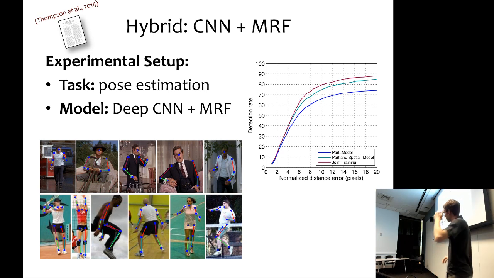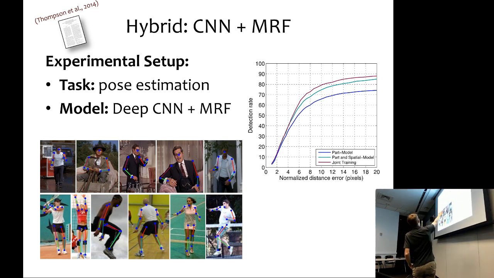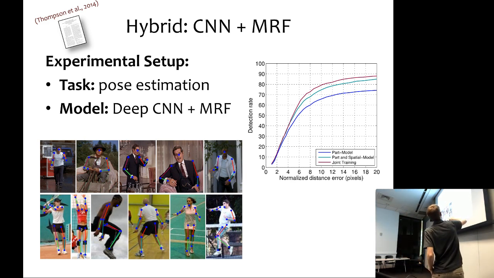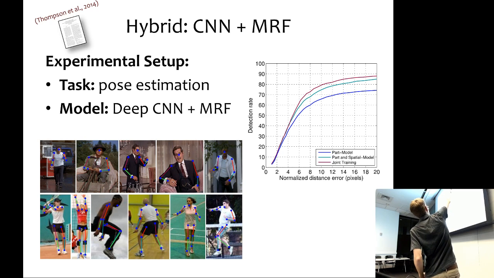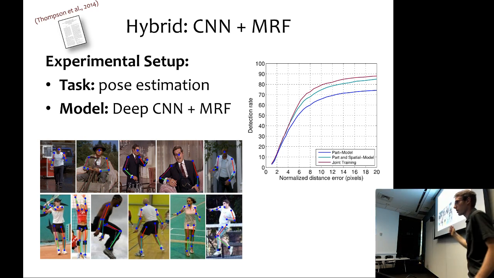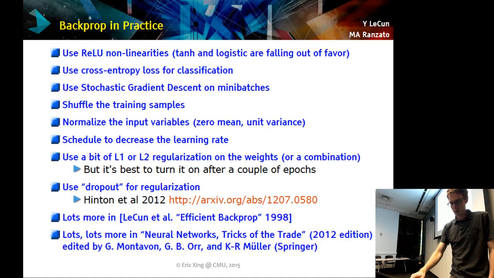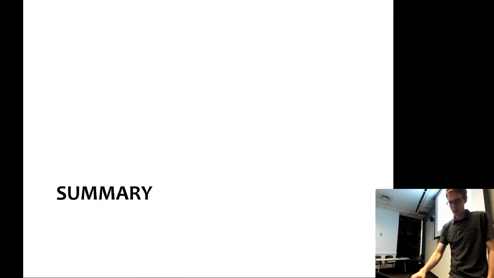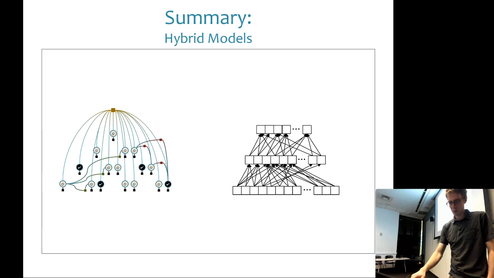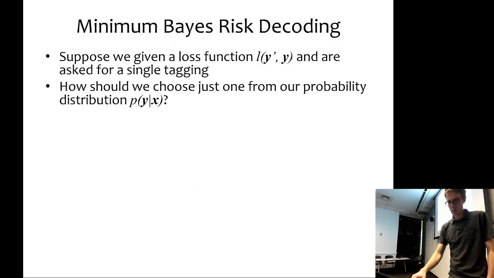So as well, you can do interesting things like pose estimation, where say your model might be a deep CNN plus some MRF. And again, if you do joint training of these things, you end up getting better performance on all of these.